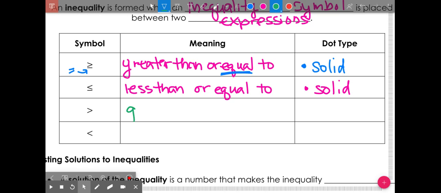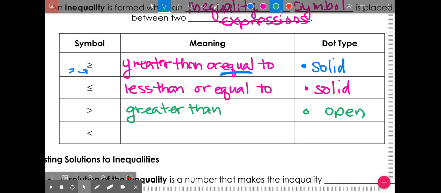Third, this is the strictly greater than symbol. We're going to use an open dot. An open dot.